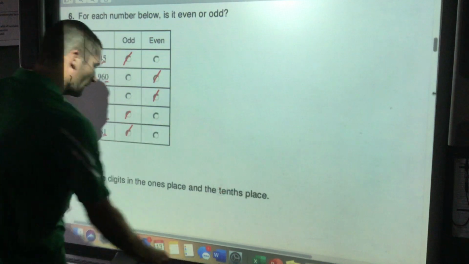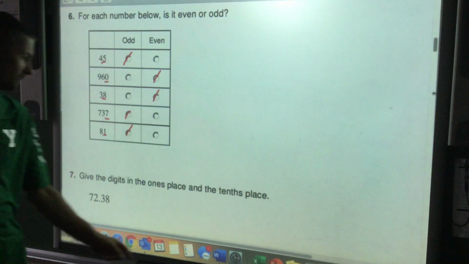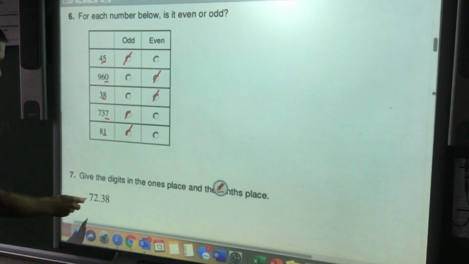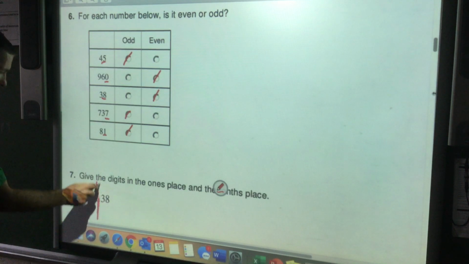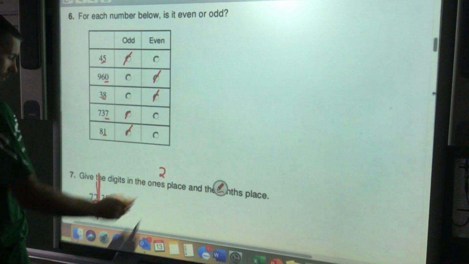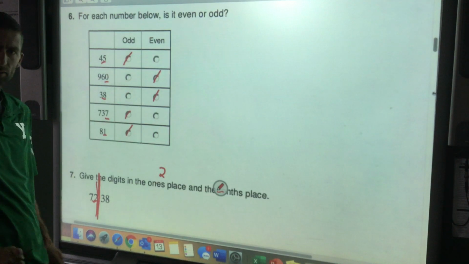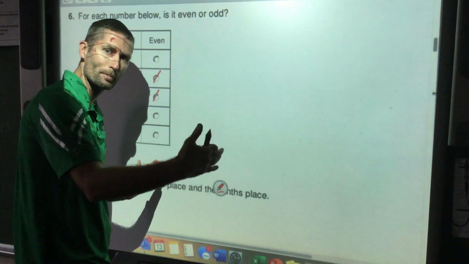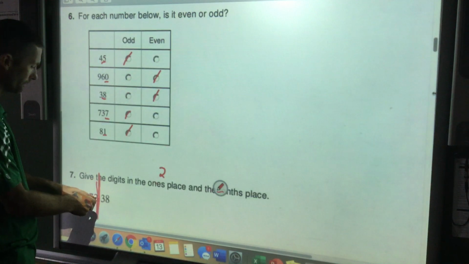There you go. Give the digits in the ones place and the tenths place. Okay, so now we have talked a lot about this side of the decimal, ones, tens, hundreds, thousands, 10,000s. So the 2's in the ones place. Now in my tenths place, going the other way, we're mirroring it, not using the 1.